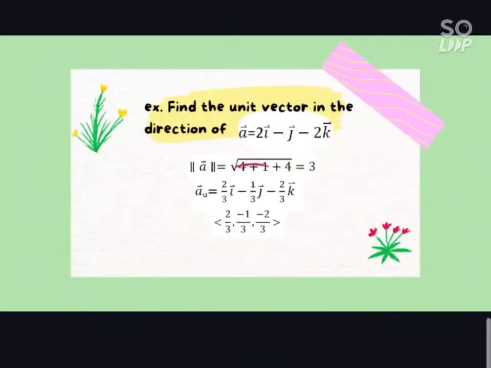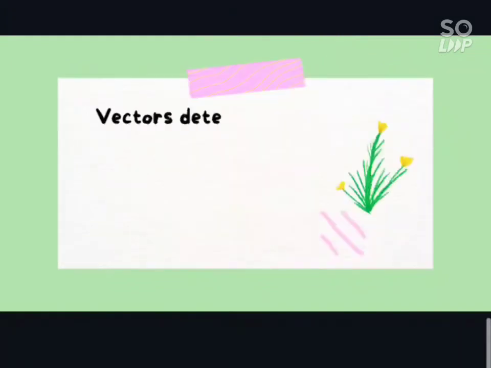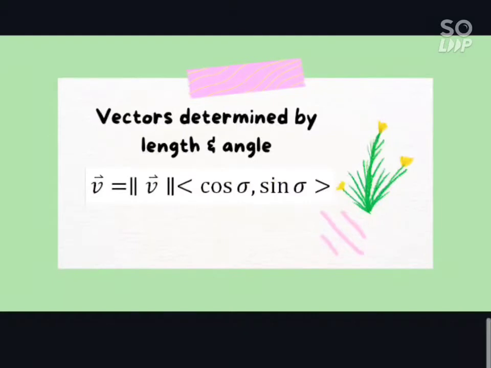Now, oftentimes we want to write a vector in terms of direction, which is a unit vector, and a length. So that's what we're going to talk about next: vectors that are determined by length and angle. Here's the form: I can write a vector as the product of its length and the angle it makes with the x-axis.